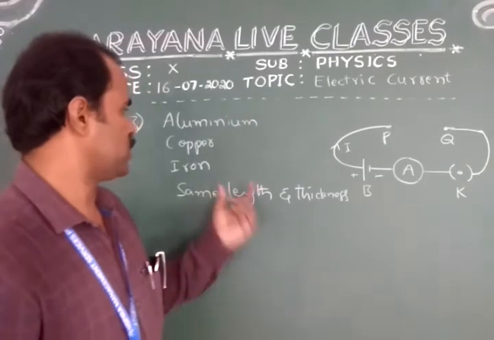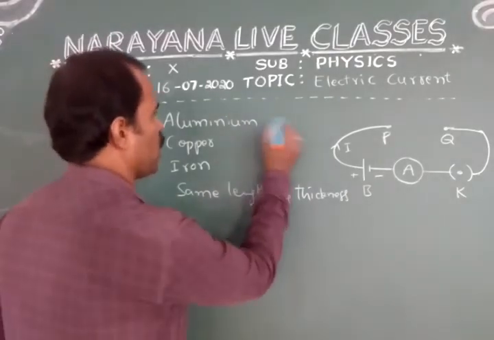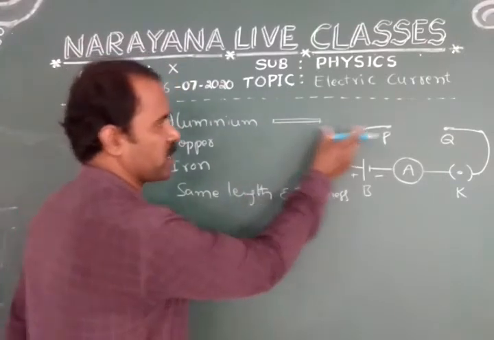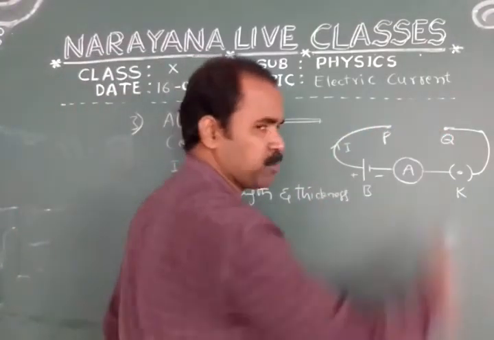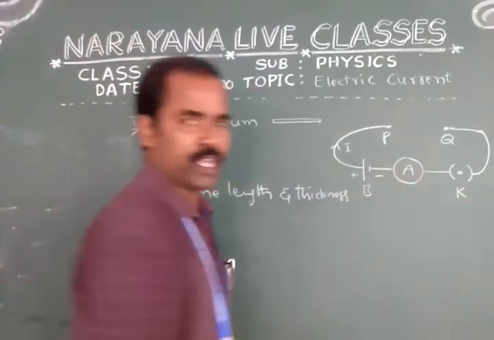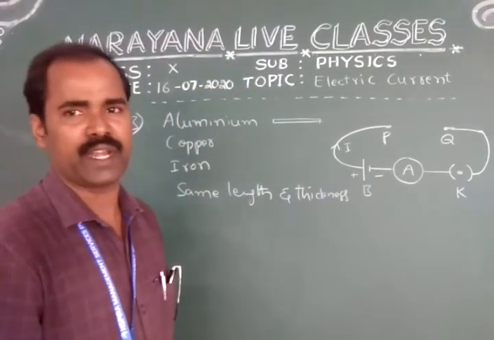First conductor, you take the aluminium conductor and place it in between the gap provided in the circuit. Now note down the ammeter reading.